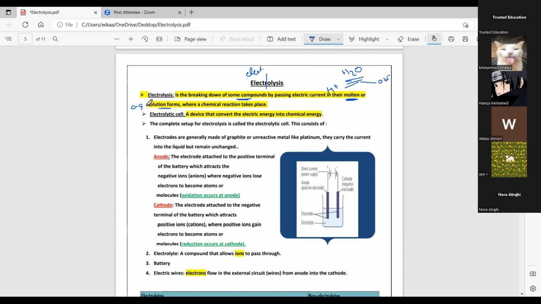So the meaning of electrolysis is the breaking down of some compounds by passing electricity through their molten or solution. Solution means aqueous form. And a chemical reaction takes place. This definition has 2 marks. One mark is breaking down by passing electricity. Second mark is for the molten or aqueous solution. Then we have the electrolytic cell. أنا دلوقتي هروح للوايت بورد. Okay.